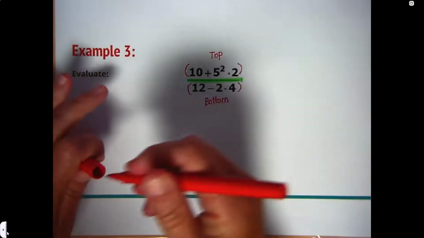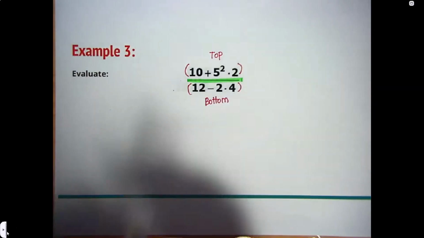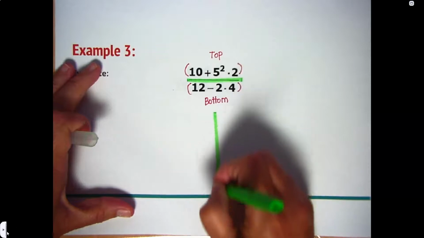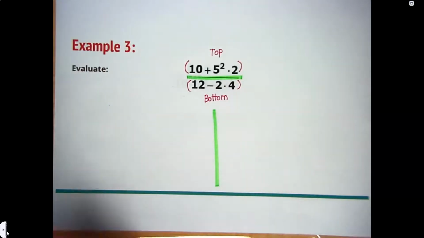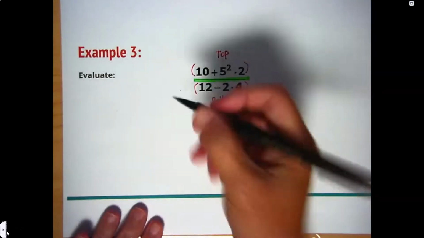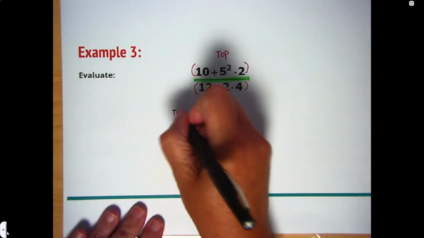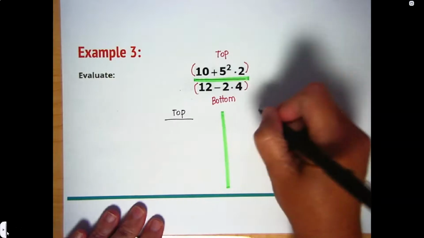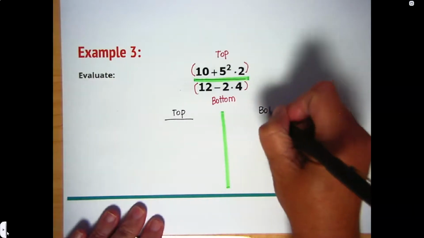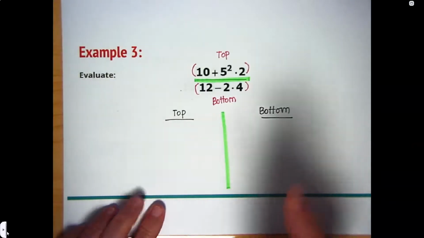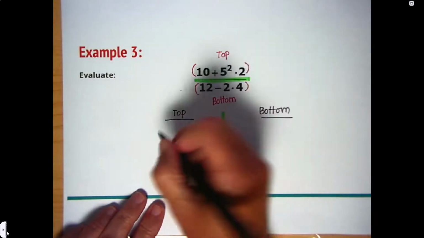So when you have a problem where there's a fraction bar, here's how we're going to have to do this to begin with. We're going to have to treat the top like it's one problem and the bottom like it's another. So I'm going to copy the top problem over here.